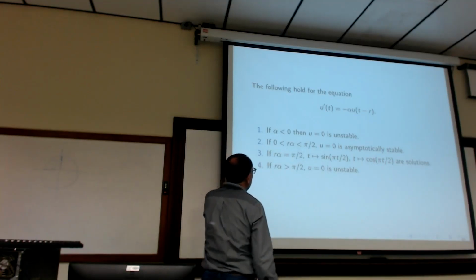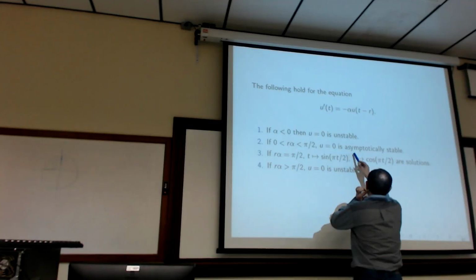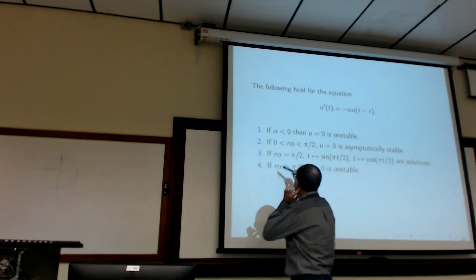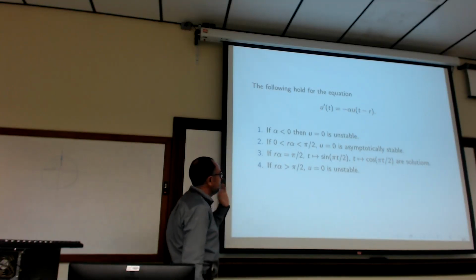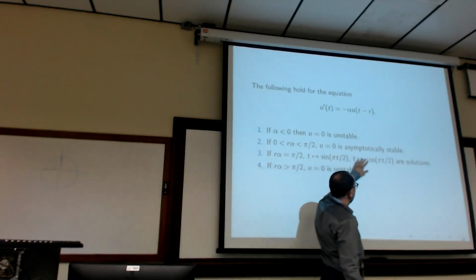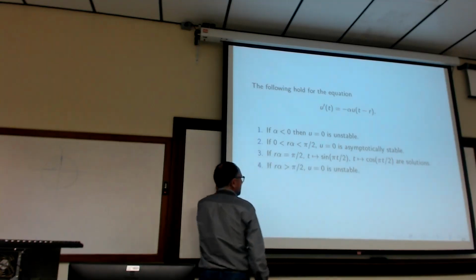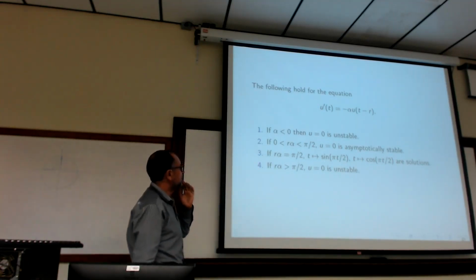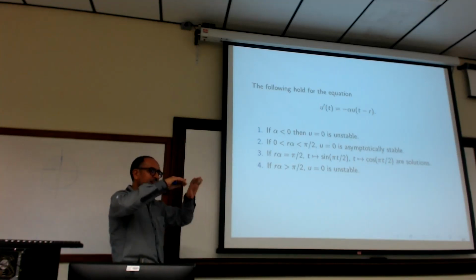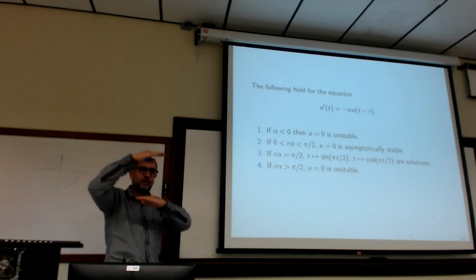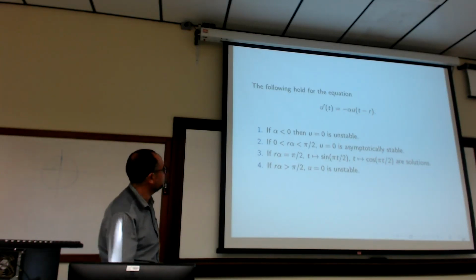If r alpha is between 0 and pi over 2, you have local asymptotic stability. And if you have this, you have two periodic solutions that are attractive. And if you have this, you have an unstable steady state and a limit cycle that is growing until the limit for the period of this limit cycle.